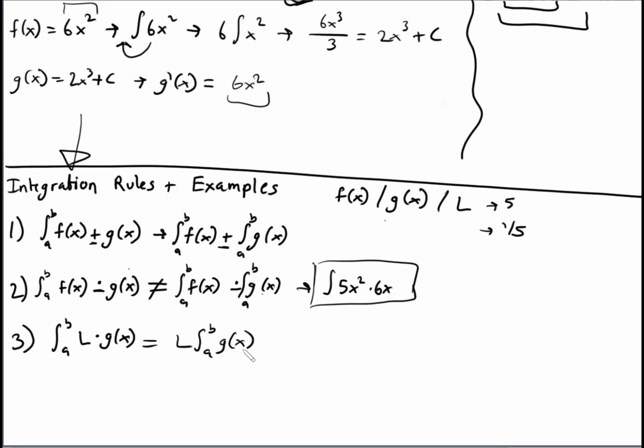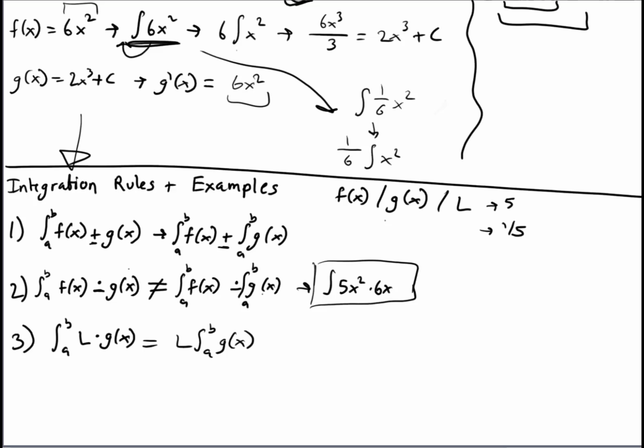So this is the rule that we applied when taking the derivative of 6x squared. And that's why we're able to move the 6 outside, because this rule applies to any integral that's being multiplied or divided by a constant. So if, let's say, this were instead the integral of 1/6 x squared, we can rewrite this as 1/6 times the integral of x squared. So the same thing applies there.